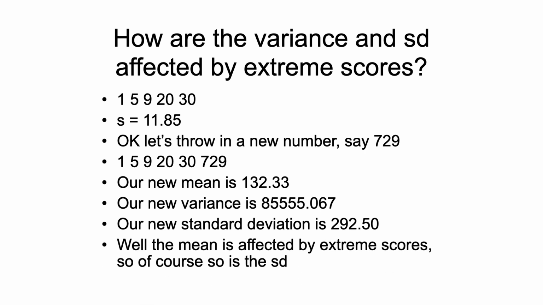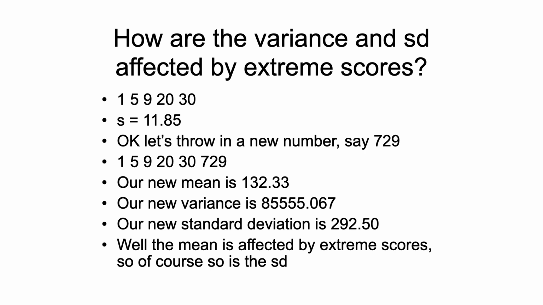The mean is affected by extreme scores, so therefore the standard deviation is. Take a look at the formula again. Let's throw that formula back up here. Remember, it's the sum of that, right? The mean is right there, and if that is a bigger number, that makes that whole number bigger, because it's a fraction.